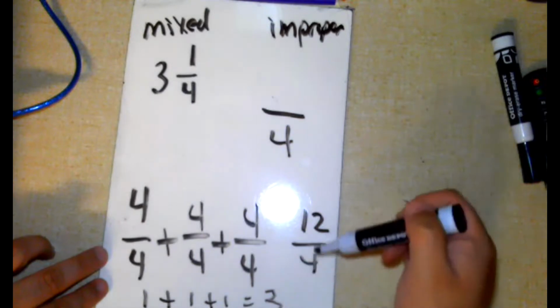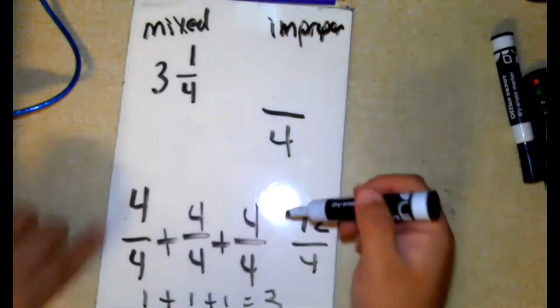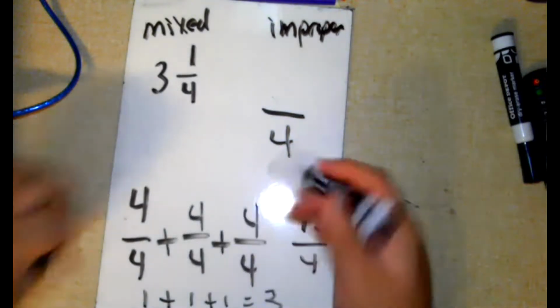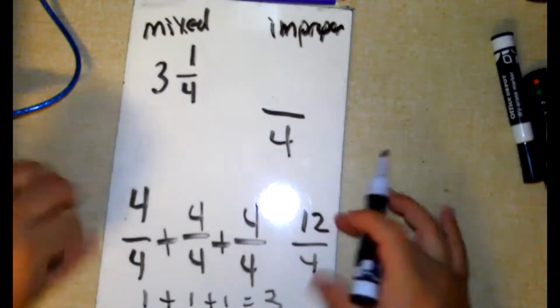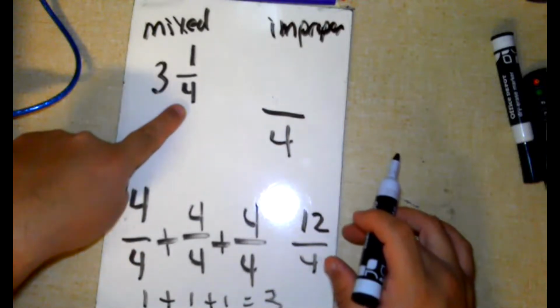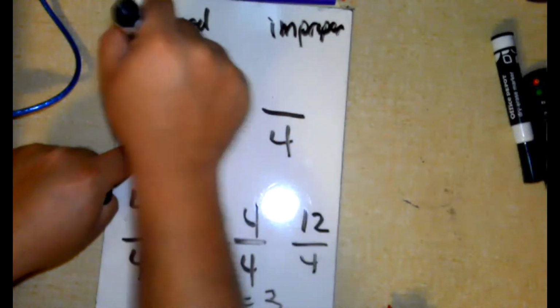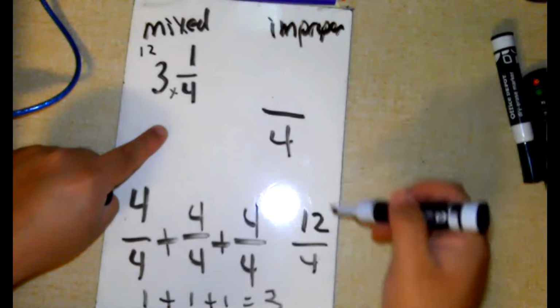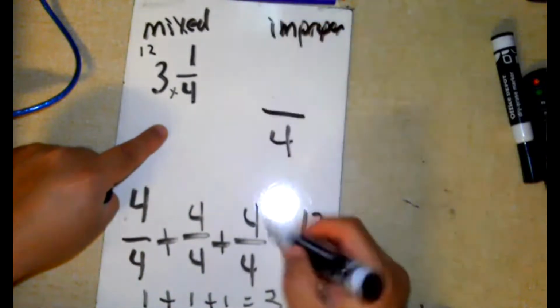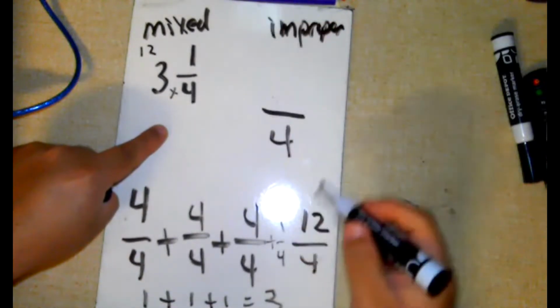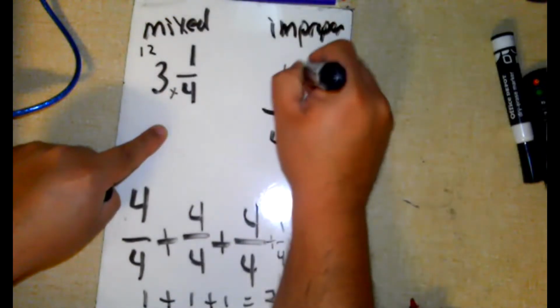So I'm just showing you here the concept. Now, what's 3 times 4? You're going to multiply that. 12. We got 12 here too. We still got that extra 1/4. So what's 12 plus 1? 13.